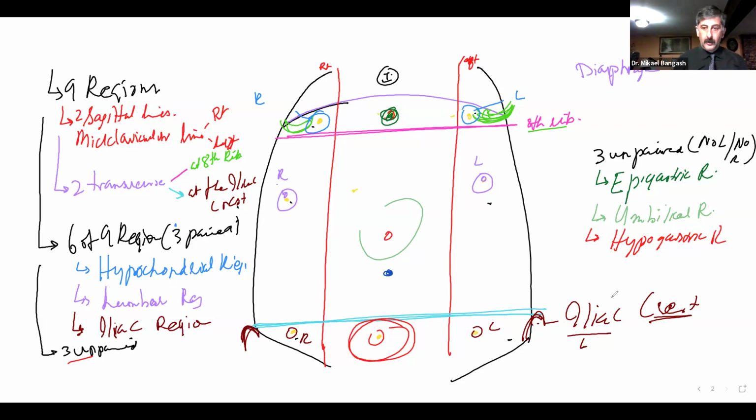I know that's the name given in your book, but it can also be referred to as the suprapubic region. But these were your regions where you don't have a right and left.